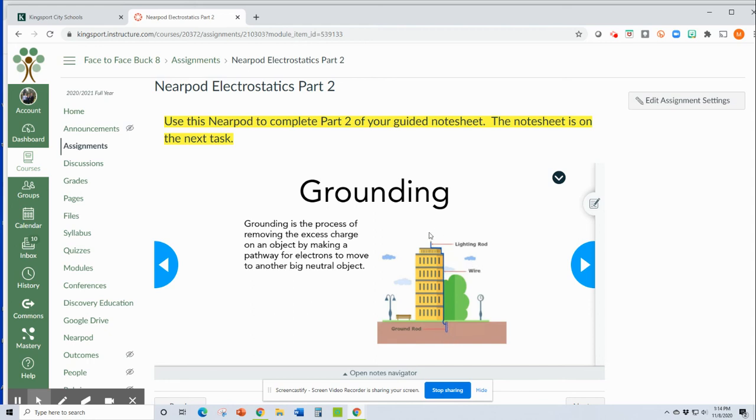And the whole point of that is to attract that lightning, attract that discharge, let it follow. Remember, metal likes electrons. It'll let electrons move freely and basically just dump it into the ground. The ground is neutral and it's really big. So it's like we don't care. Give us a few extra electrons because it's not going to bother us. So this idea of grounding is a good way to get rid of that really big static discharge.